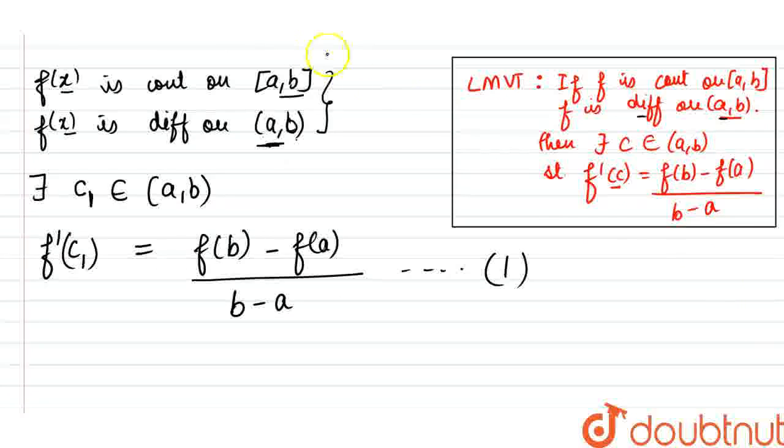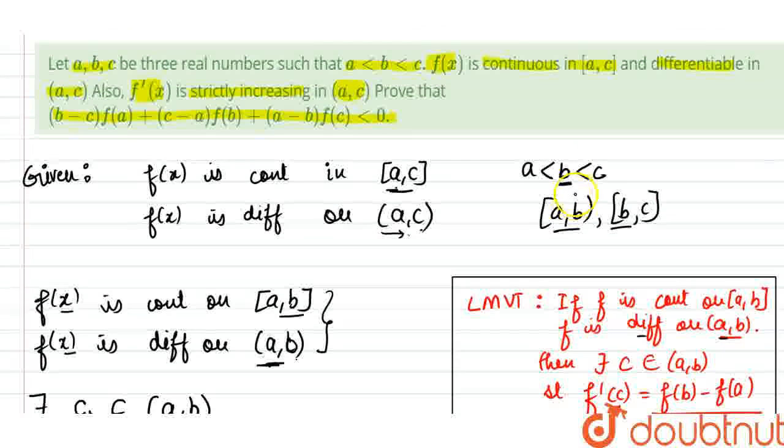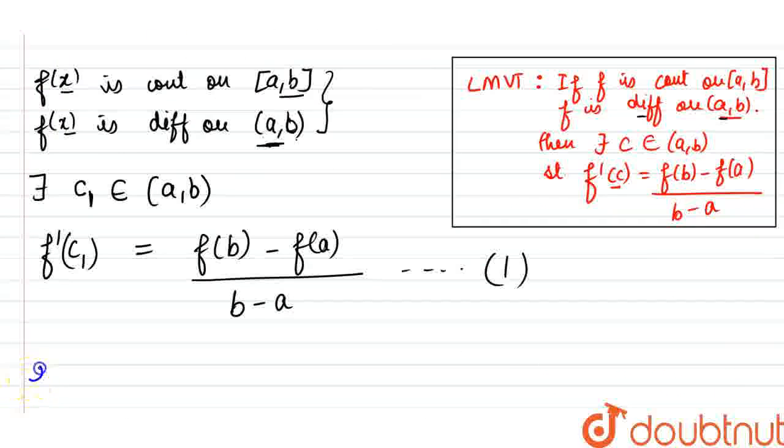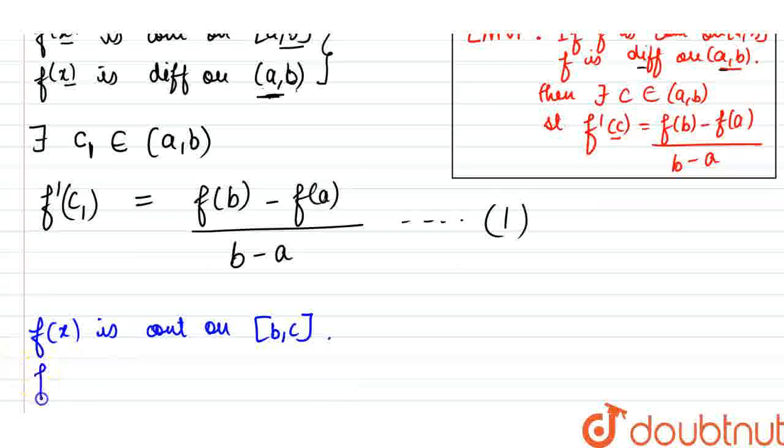Now for the other half interval that we have, since f of x is continuous throughout a to c, it must be continuous from b to c. So we can say that f of x is also continuous on b to c and f of x is differentiable on the open interval b to c.